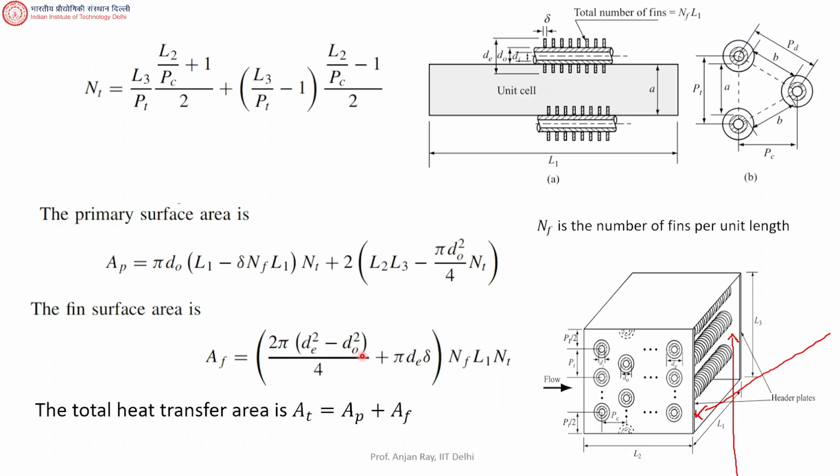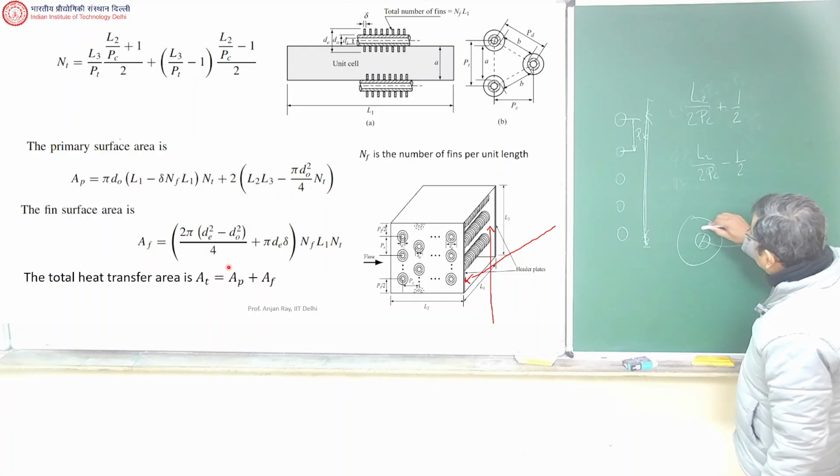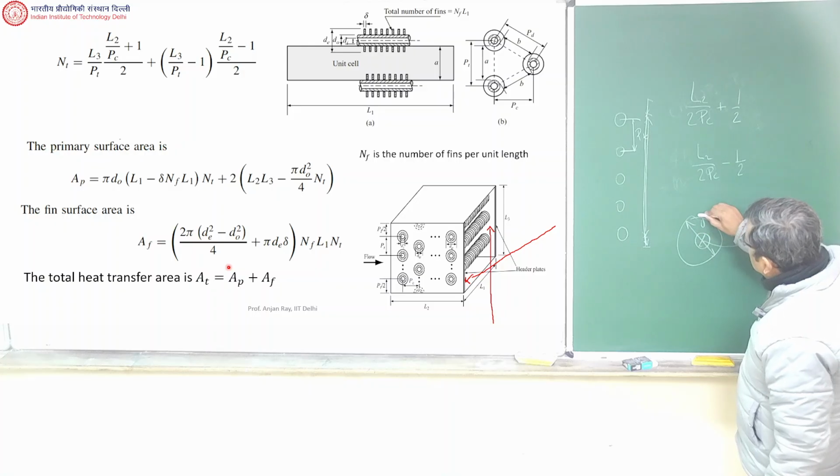Fin area is, what's this? Try to interpret this one. This is the annular surface of the fin. So if you look at the fin, this is DO, and this is DE.